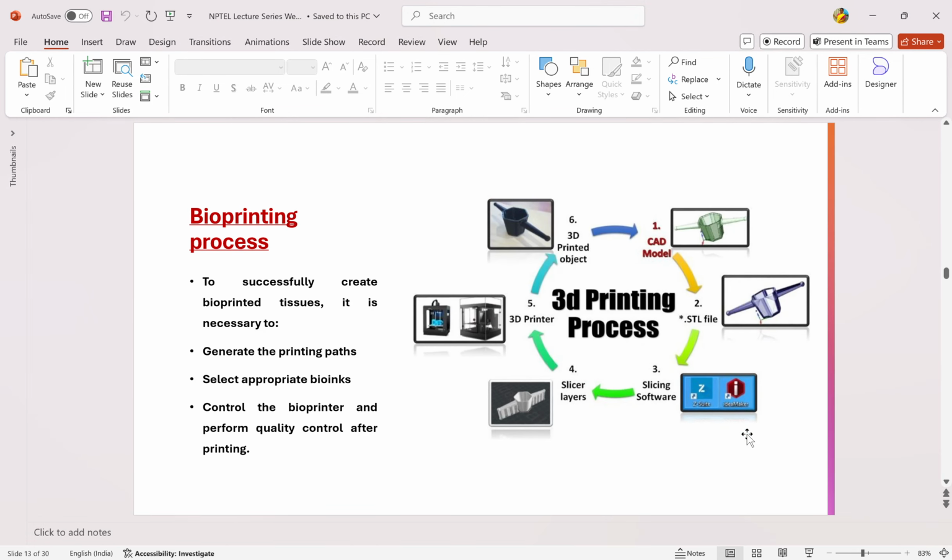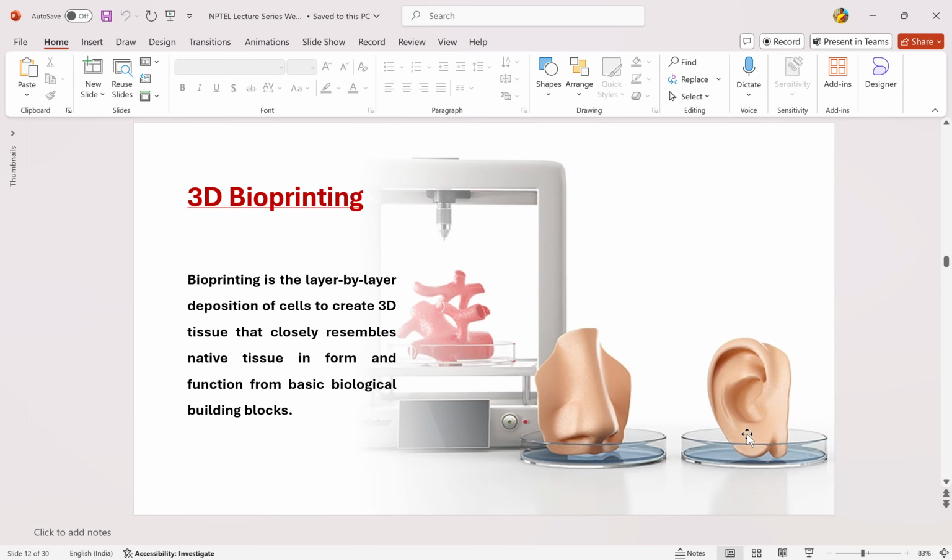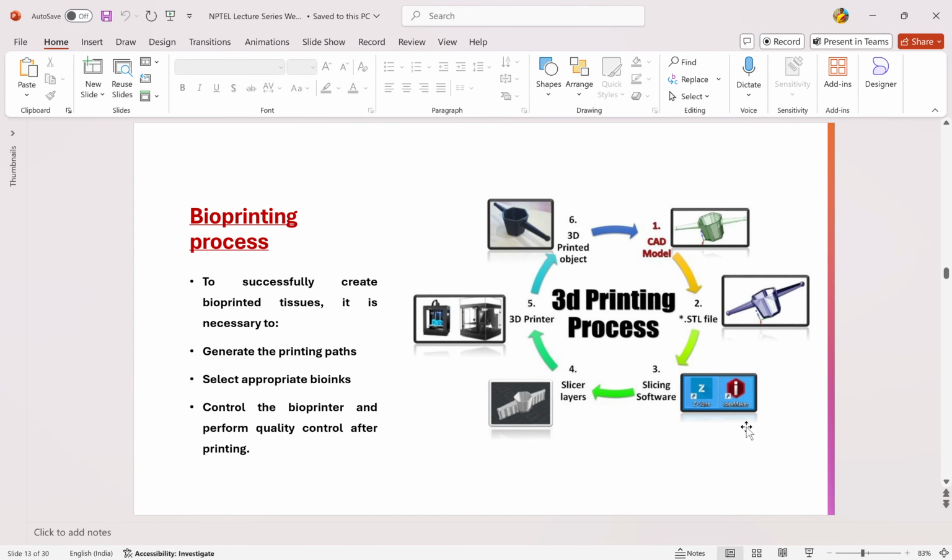So what is the 3D bioprinting process? What do you need to do? Here you can see they have 3D printed a nose and an ear. If you want to 3D print a nose and an ear, first you have to make a model of the ear or nose. To successfully create bioprinted tissues, it is necessary to generate the printing paths.